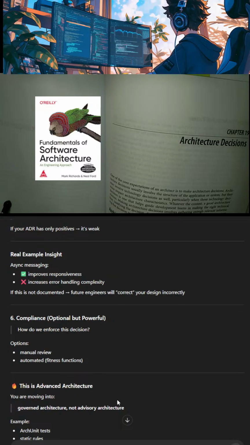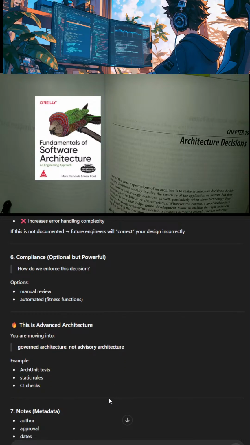Manual review, automated fitness function, this advanced architecture moving.